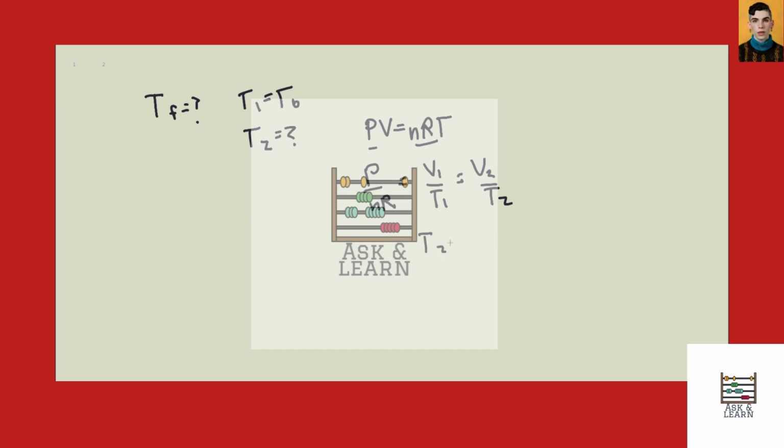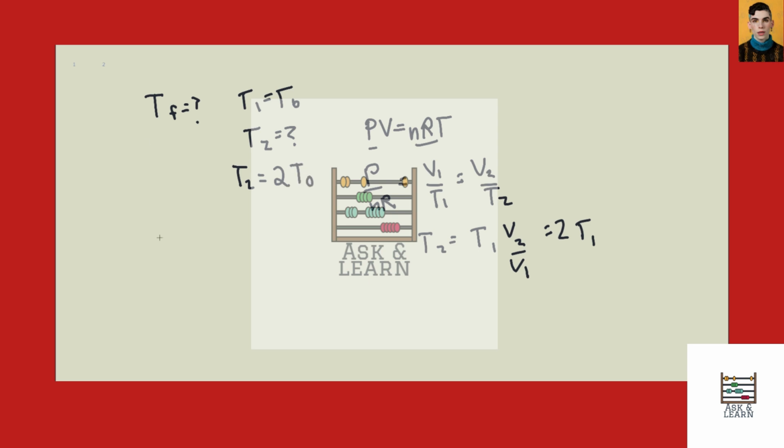Then T2 equals, cross multiply, T1 times V2 over V1, and V2 is twice V1. So it's 2T1. The temperature simply doubles if you're increasing the volume isobarically. So T2 equals 2 T naught.